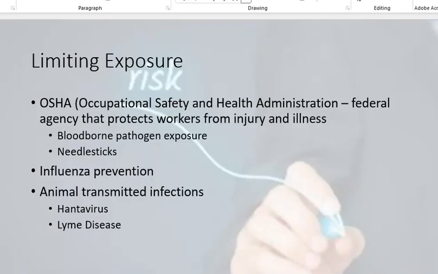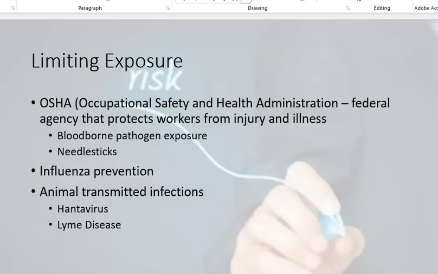So OSHA, which is our Occupational Safety and Health Administration, is a federal agency that protects workers from injury and illness. It is the law, and violations can lead to fines as well as disciplinary actions.